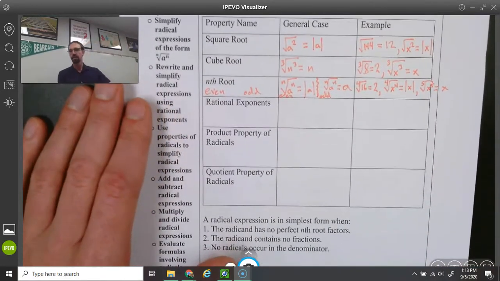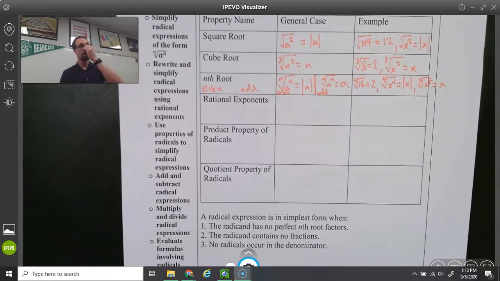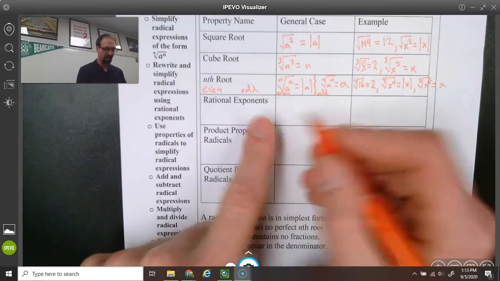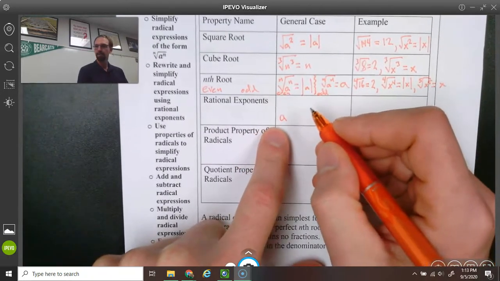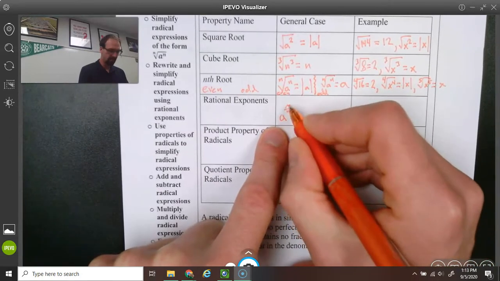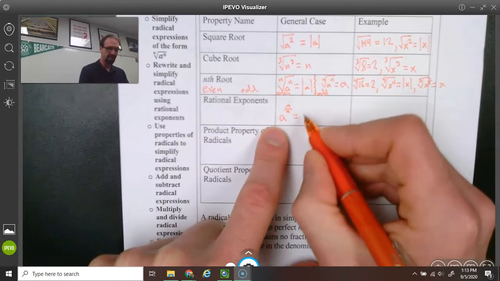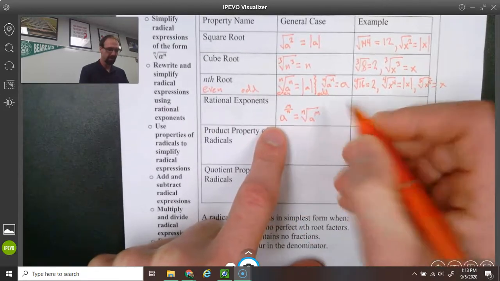So one of the things that we can do with radicals and rational exponents is interchange them. They are the same. So when we have rational exponents, if I have a to the m over n power, m is the numerator, n is the denominator, that's the same thing as the nth root of a to the m power.